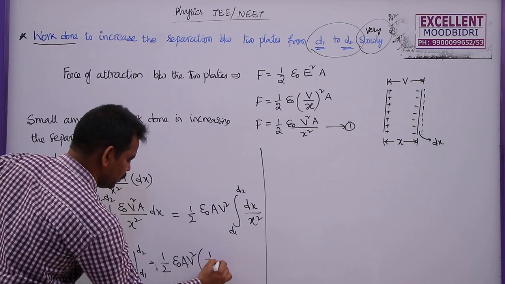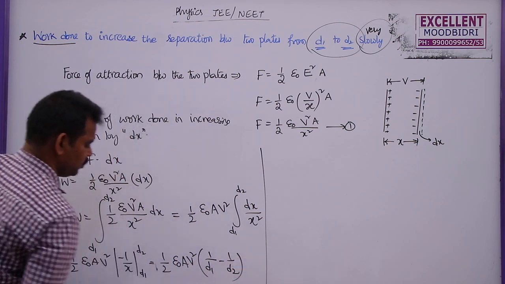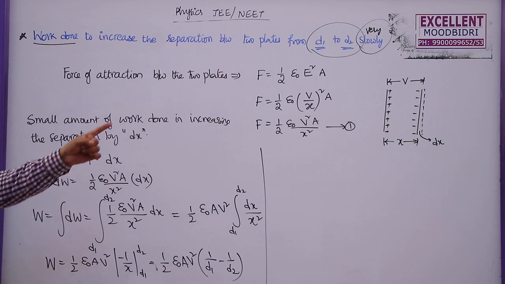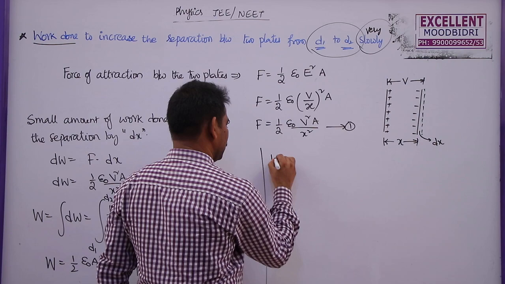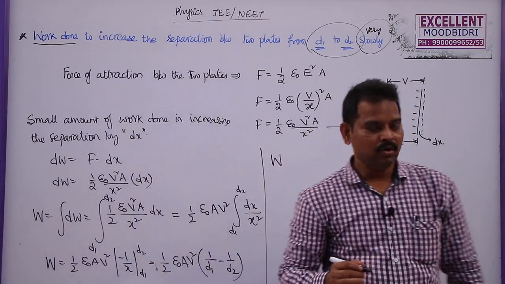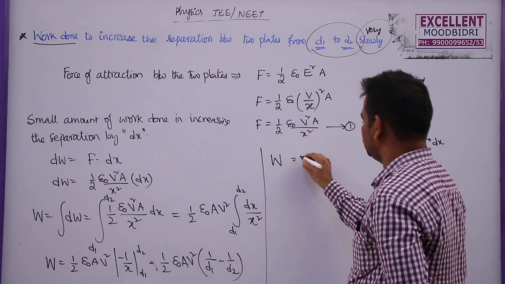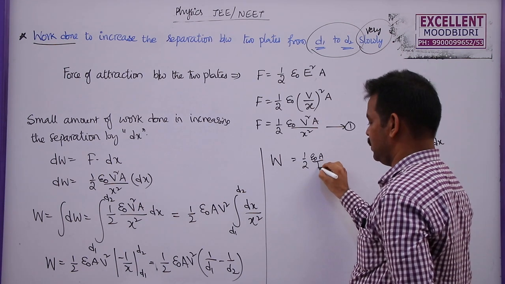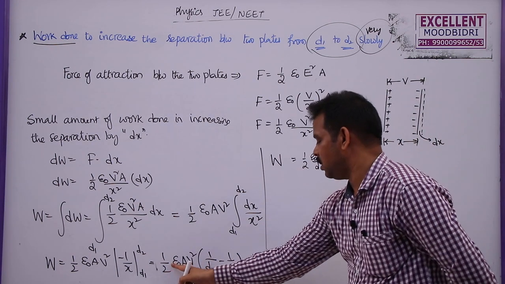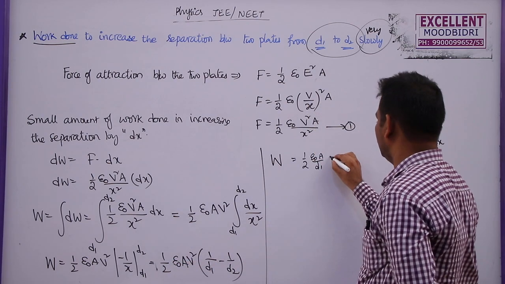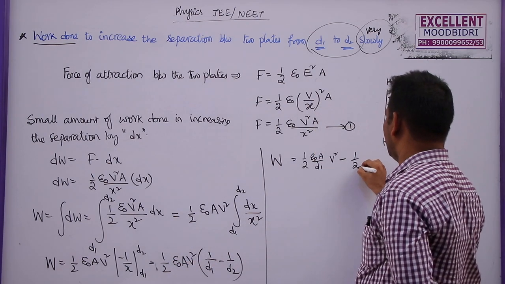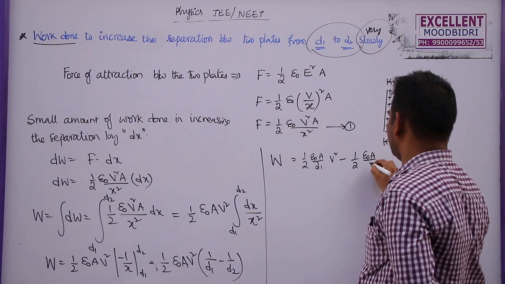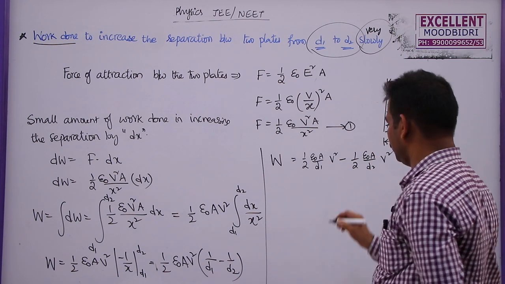This will become 1 by d1 minus 1 by d2. This is the total work done to increase the separation from d1 to d2. So the work done W is half epsilon naught A by d1 into V square minus half epsilon naught A by d2 into V square.